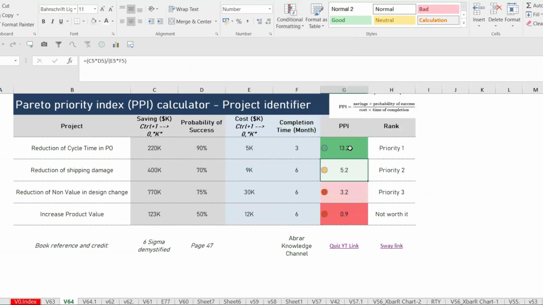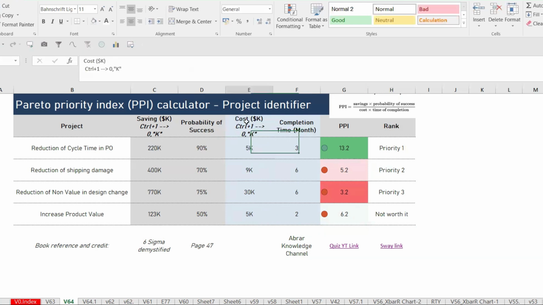So for example, you can take this as the first project, priority 2, priority 3 and all that, right? Let's say net worth, and maybe we are increasing this one. Let's say we are trying to complete in just 2 months, right? And let's say the cost is going to be 5K. So you can see that this has become priority 2, right? So it depends on these factors.